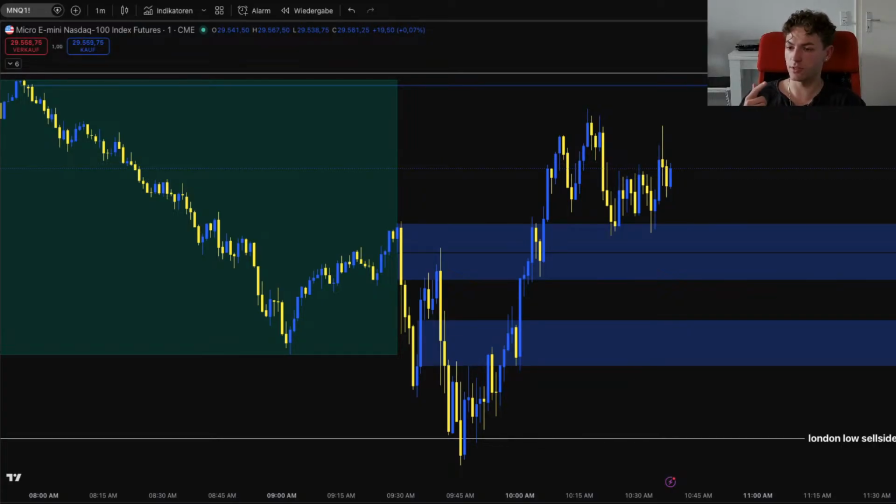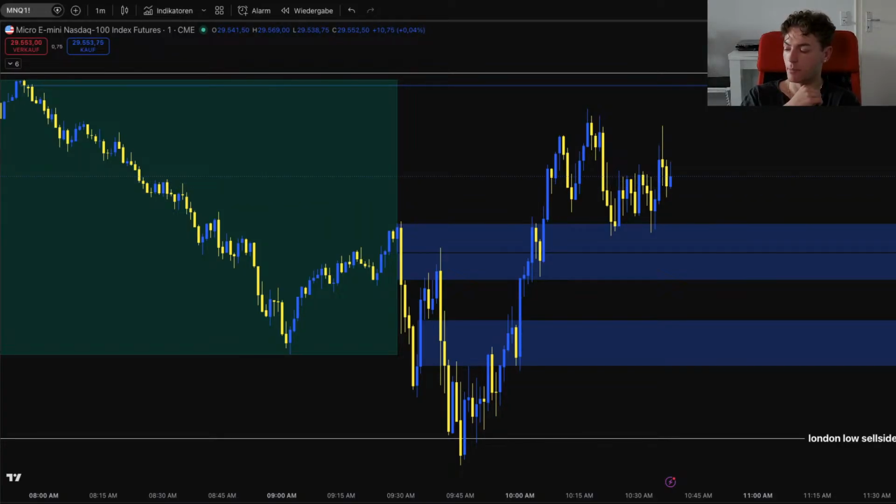And adjust your amount of micros or minis to the size of the stop loss, because I would rather have a bigger stop loss and fewer micros than a real tight stop loss and more contracts. So two things: base your risk on rules and not on emotions or confidence or whatever.